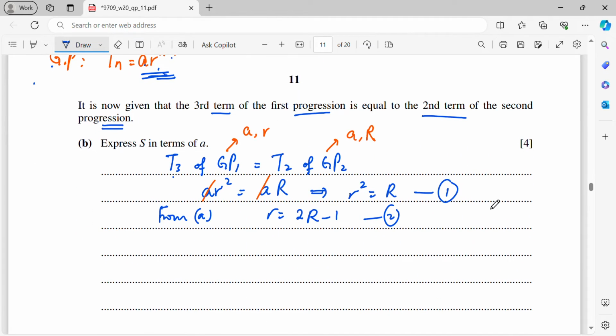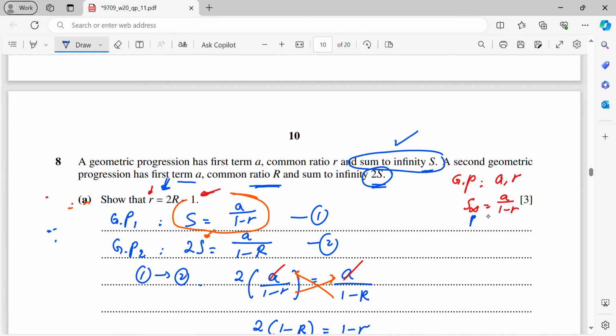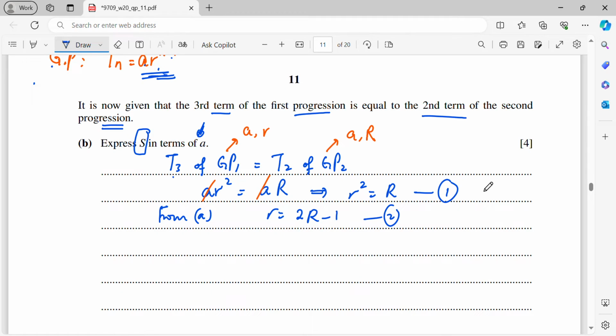Now, from this question, you need to leave your answer in A. That means we need to find out what is the r, and then express S. Remember, just now the S was the sum to infinity of the first progression. So now I will have to find the lowercase letter r, so that I can find my sum to infinity for the first progression.